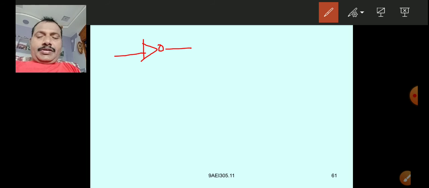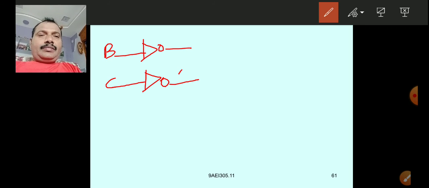NOT gate, B. Next C bar. You will get here C bar, here B bar, and apply this to an AND gate.